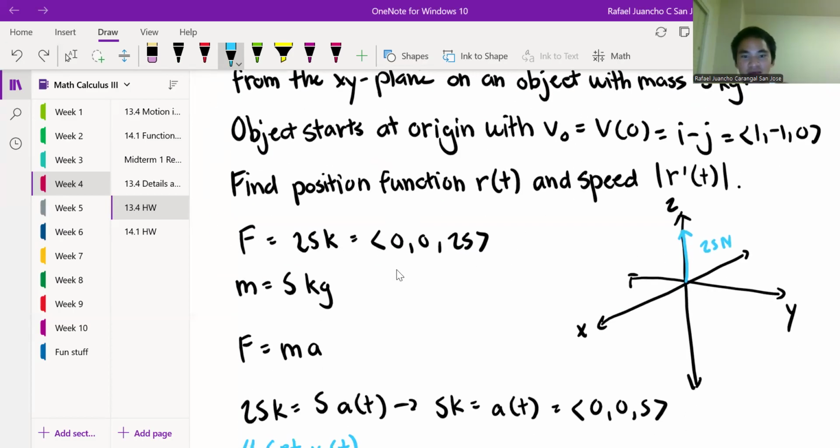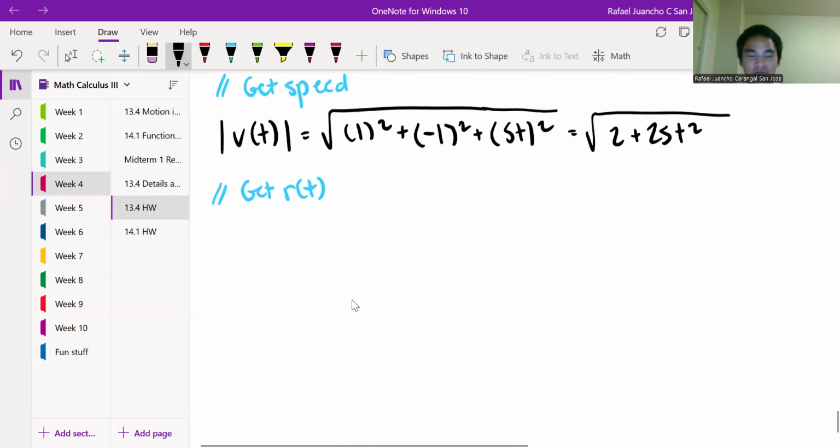In math, if the object starts at the origin, at r of 0, it starts at 0, 0, 0. That's what it means. So this part was not super obvious, right?